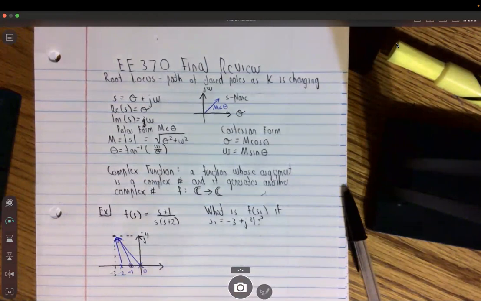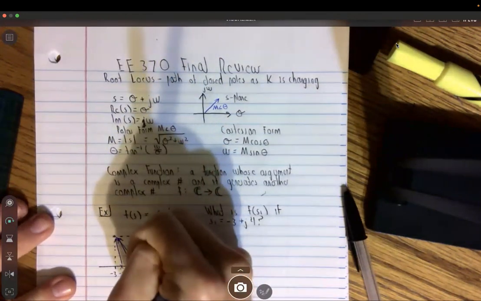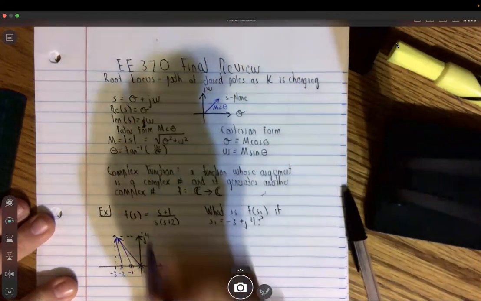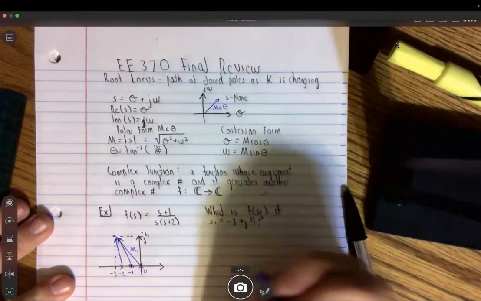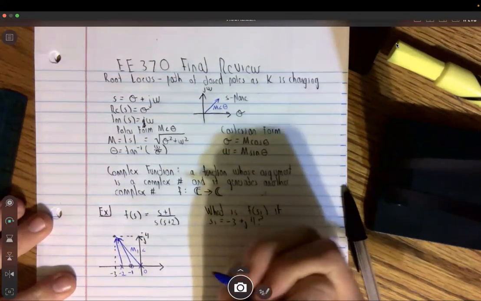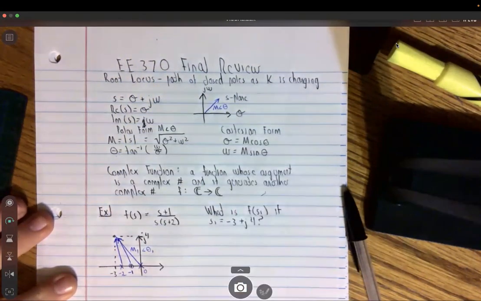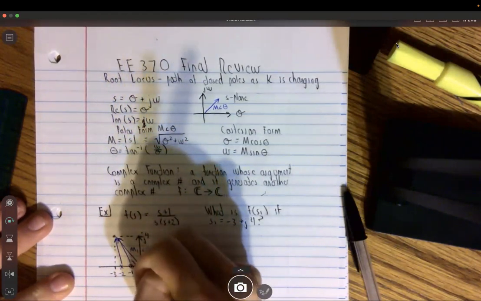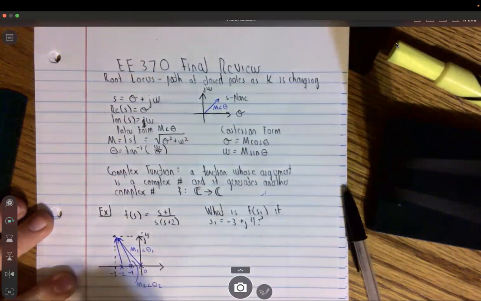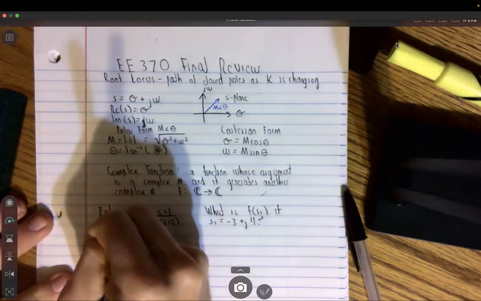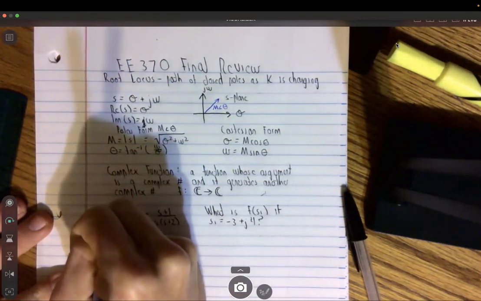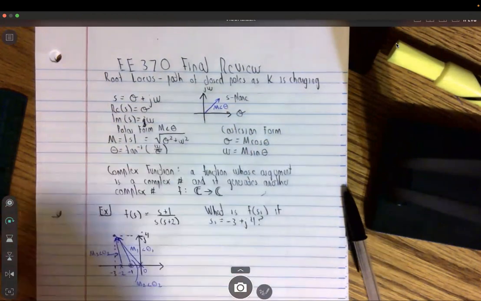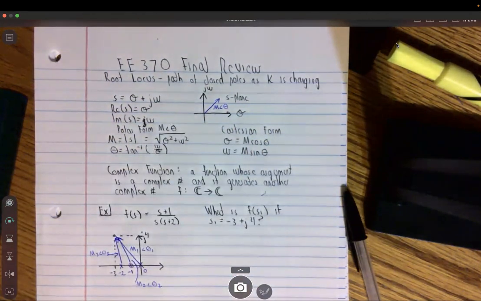I'm going to give the first one, from the pole at 0 up to our S1 point, the name M1 and the angle theta 1. And for my second line, at the 0 at -1, I'm going to call this one M2 with an angle of theta 2. And then the third one is going to be M3, angle theta 3. Okay, so I just labeled all 3 of those.